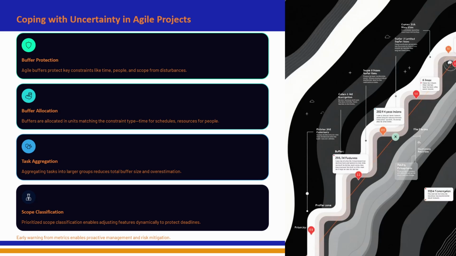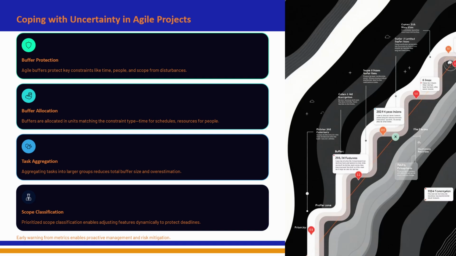Buffers protect key constraints like time, people, and scope from disturbance. This means Agile teams add a small safety margin or buffer to absorb unexpected issues. For example, if a task is estimated at 5 days, the team might plan 6 days to handle the unknown or risk.